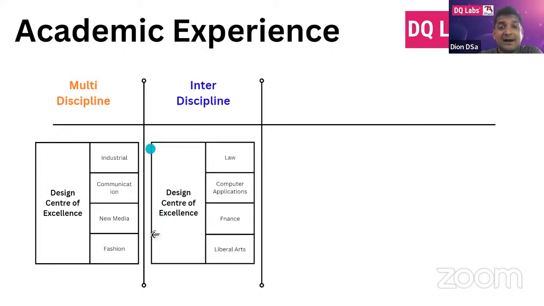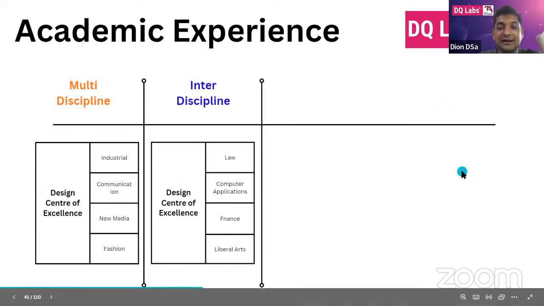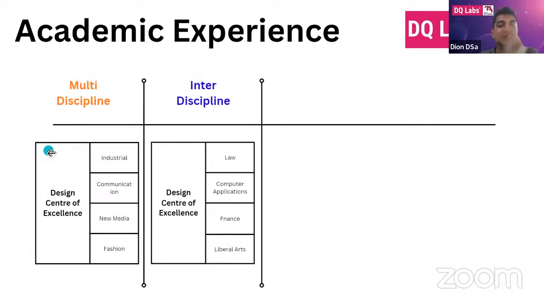Here, the design school is a center of excellence, no doubt about it, it is a priority school. It needs to be number one in India, and that's why they have it. You can do a major in design and a minor in law, computer application, or finance, right? So that's the idea of this kind of thought process.